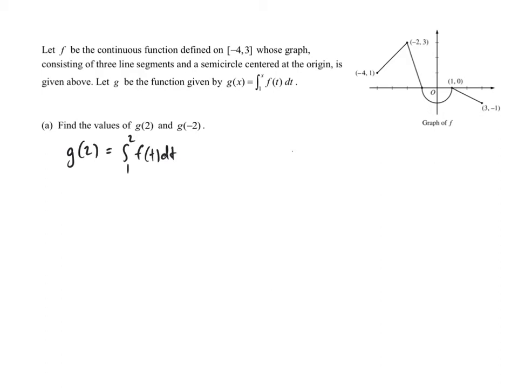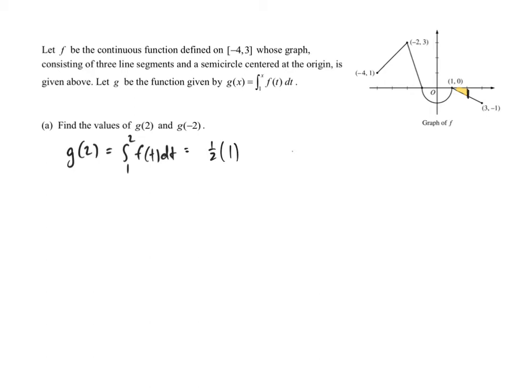So that's going to be the area of this little tiny triangle right here from 1 to 2. In order to find the area of that, I'm going to need to do 1/2 of the base, which is pretty clearly 1, times the height.